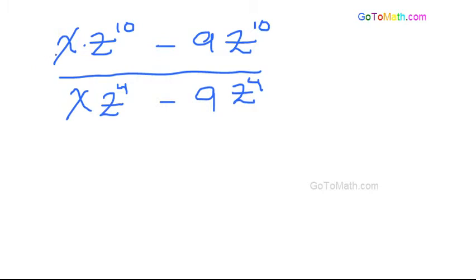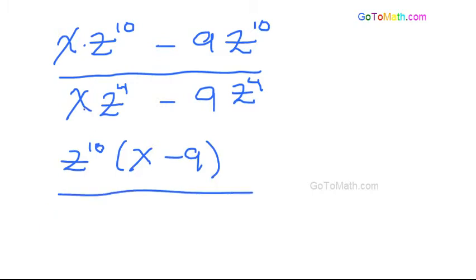Alright, let's take a look at the numerator. Well, we have an x in this term here, but we don't have an x over here, so we won't be factoring an x out. However, we do have z to the 10th and z to the 10th. So guess what? We're going to definitely pull that out of our hat, and that's what we're going to be left with, right?